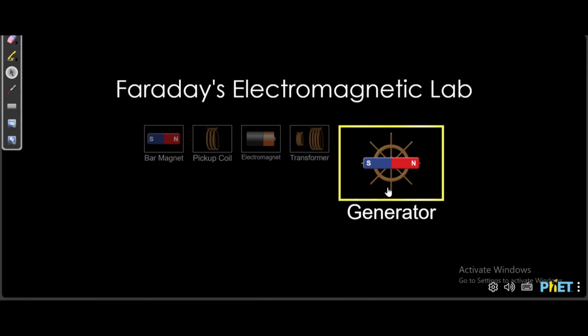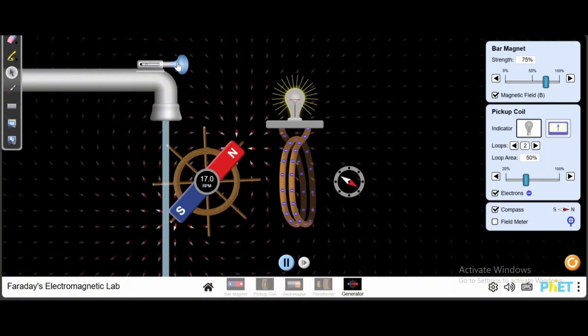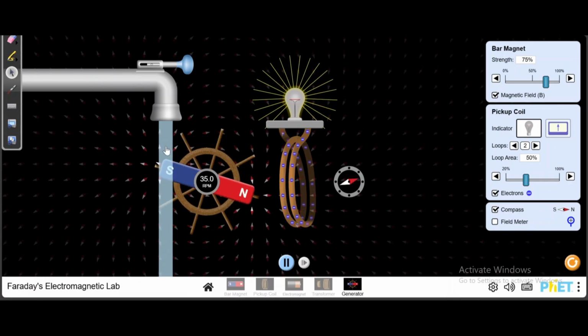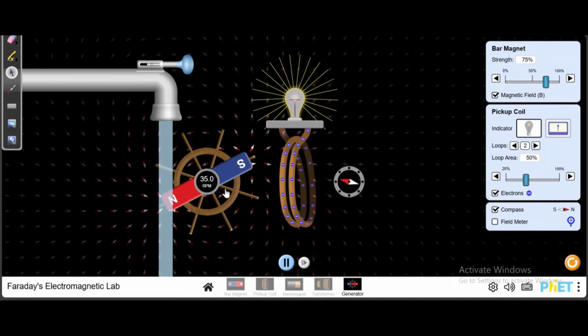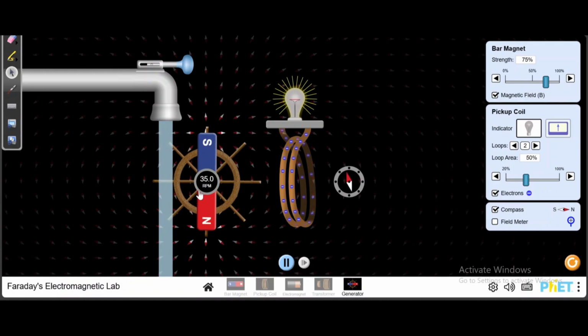So here is that generator, and suppose this is just like a powerhouse. In a powerhouse we have this non-electrical source of energy. Here this is the water pipe, this is the turbine, and this is the coil. If I turn this on, the water will flow from this pipe toward the turbine, and it will rotate the turbine, and the bar magnet which is connected to this turbine will also rotate.